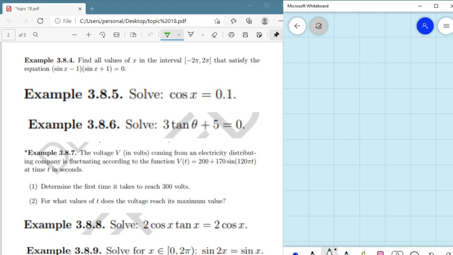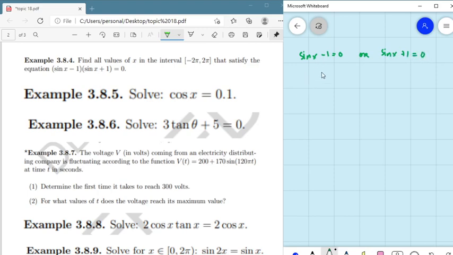So by using the zero factor law, sine x minus 1 equals 0 or sine x plus 1 equals 0.